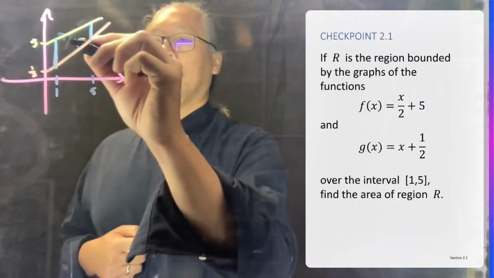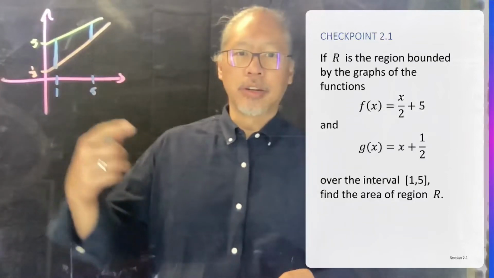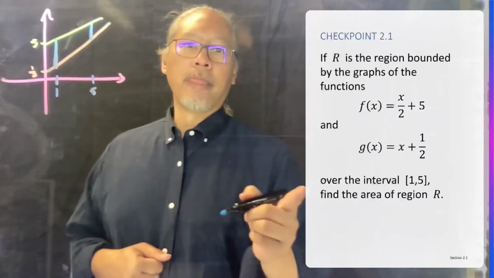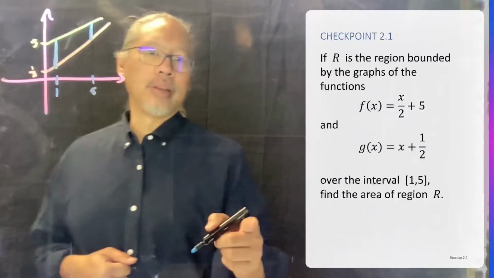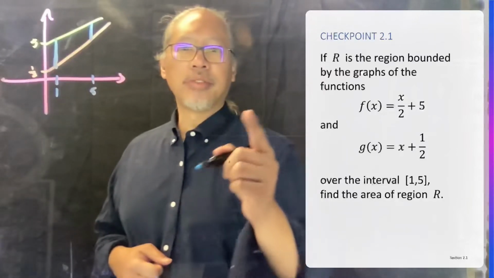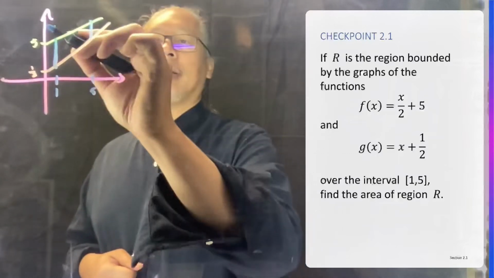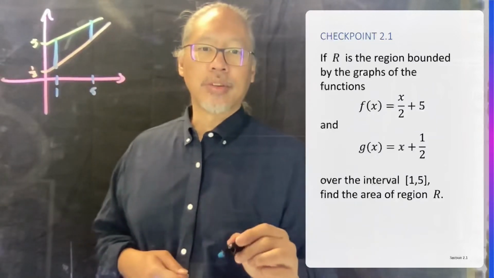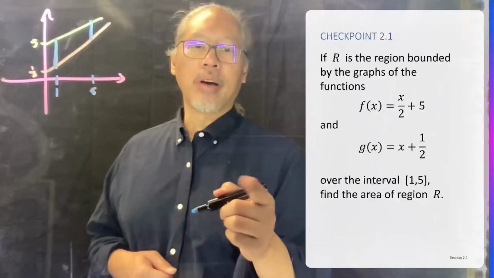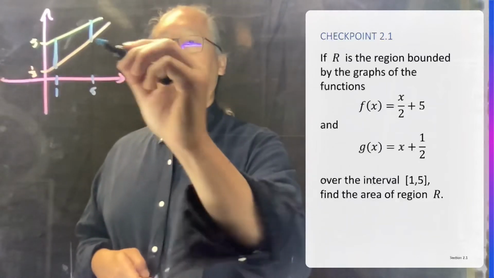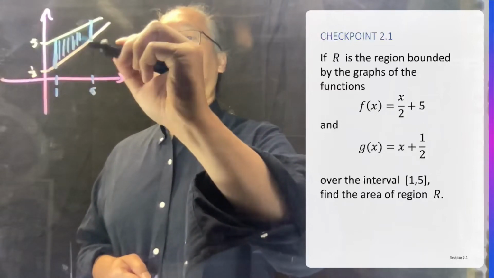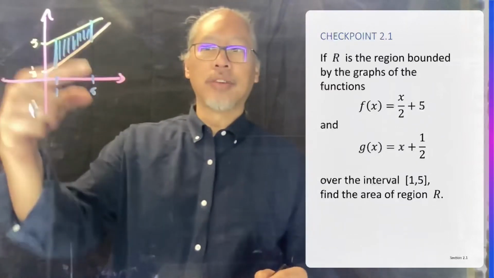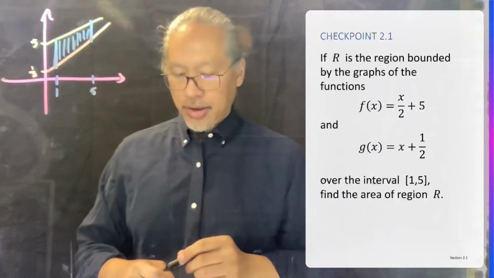So the first function, f of x, is still going to be larger. And if you put 5 in there, you're going to get 5/2 plus 5. So I believe that's 10 plus 5, 15/2 would be the y value for the f of x function, and the g of x function, if you put 5 there, you get 5.5, which is still going to be less. So I think all in all here, the f of x function is still going to be bigger than the g of x function.